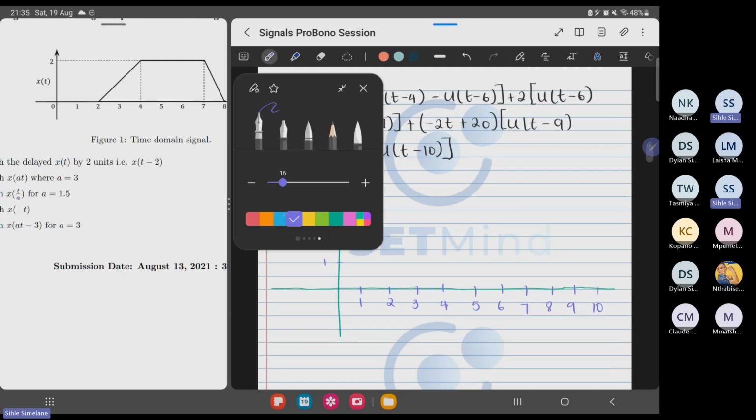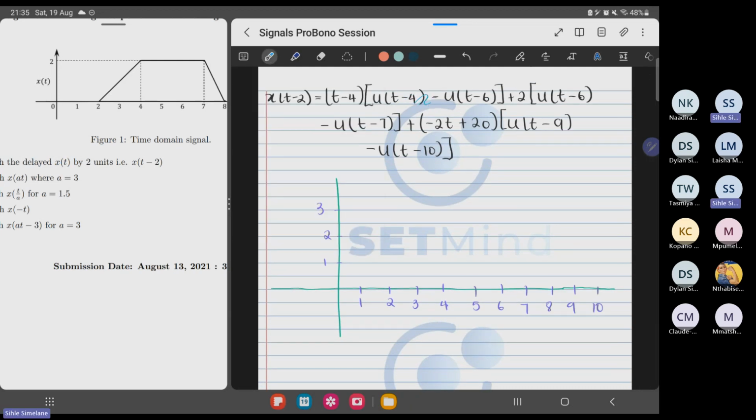So let's quickly look at our graph. What this is saying is that between t is 4 and t is 6, our graph is supposed to be t minus 4. So if you quickly plot t minus 4 and find the x-intercept where y is 0, you equate t minus 4 to 0, and you'll find it is crossing at t is 4.